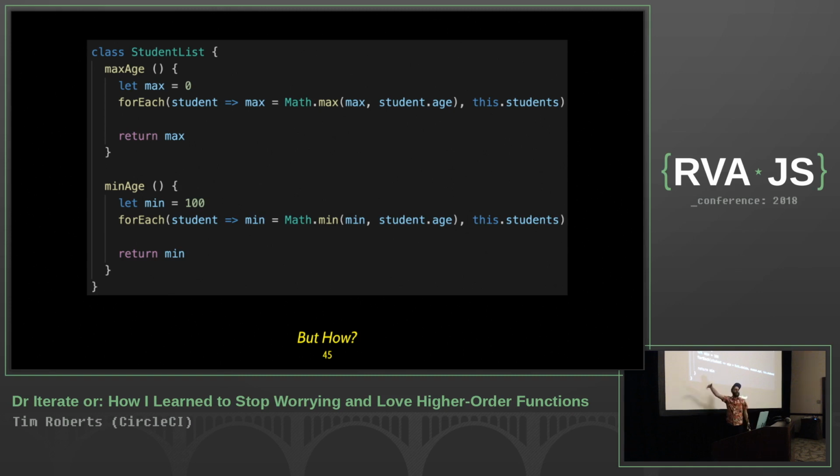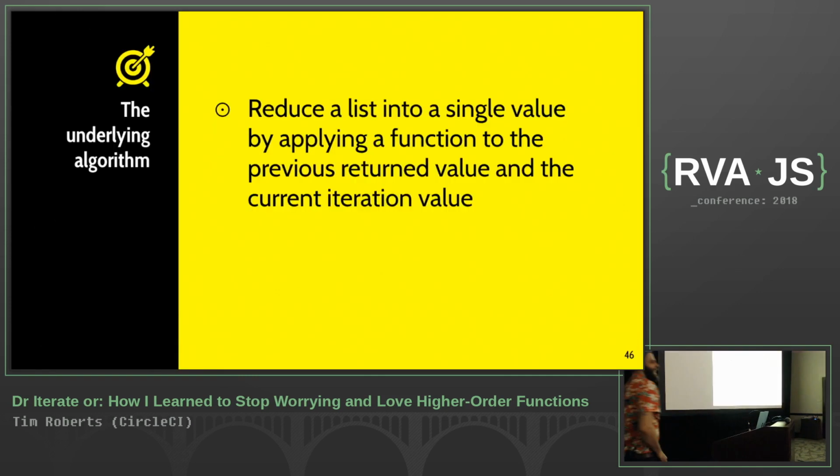Once I've done that all the time, I'll return the value. What's another way we could say this? Just like with forEach, what's another way we could come up with a way to generalize this idea? I want to reduce a list into a single value by applying some function given the last value and the current value.